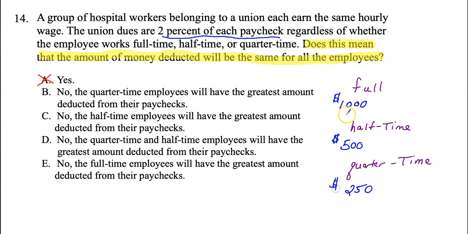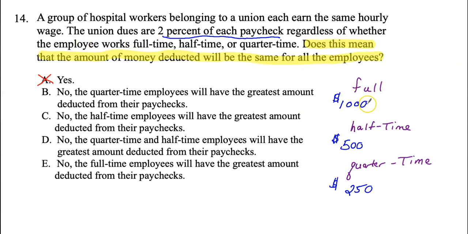Now, if you mess up these numbers, that's okay. What you really need to do when you're making up numbers for this particular problem is just make sure that the full-time employee has the highest salary, and then the half-time employee has some number less than 1,000, and the quarter-time employee has something less than 500. Let me explain. I did this exactly like the problem was worded.